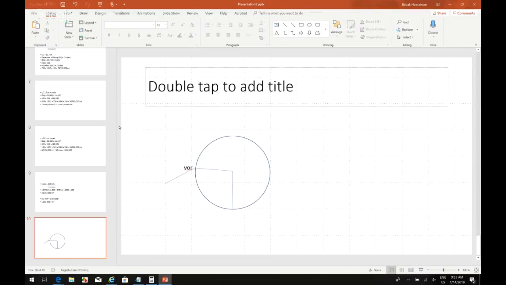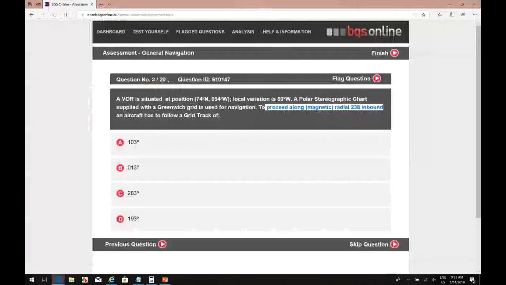Okay, that would be magnetic though. So magnetic inbound, 238. So if we take the variation west, magnetic best, 238 plus 50, 288. Or are we taking away because 238 is the magnetic one? Yeah, so take away the 50.